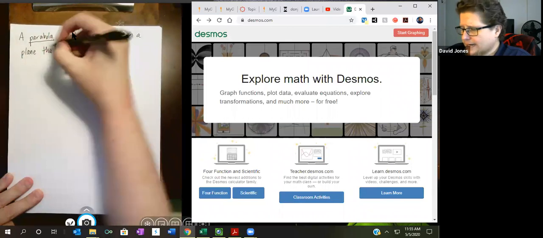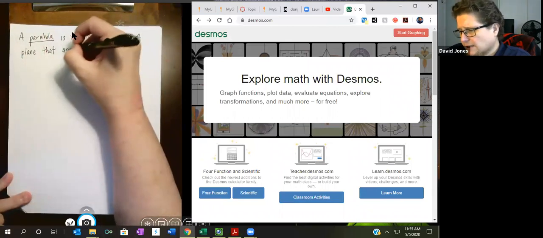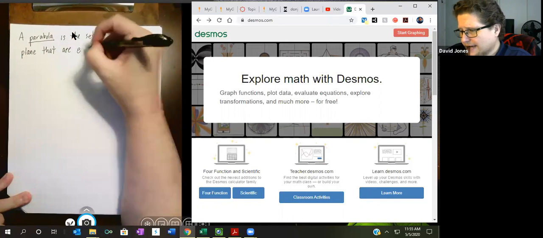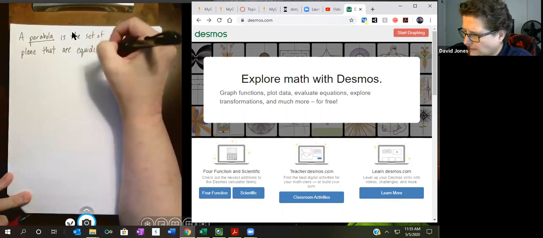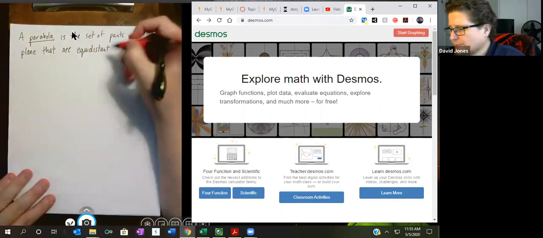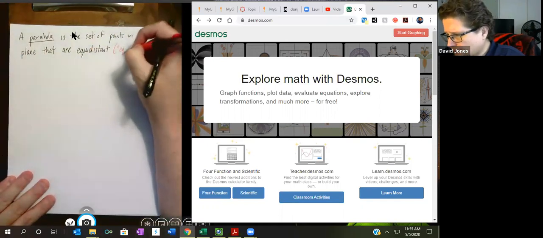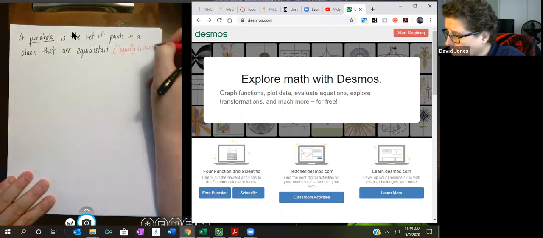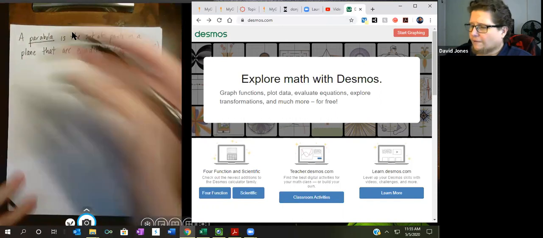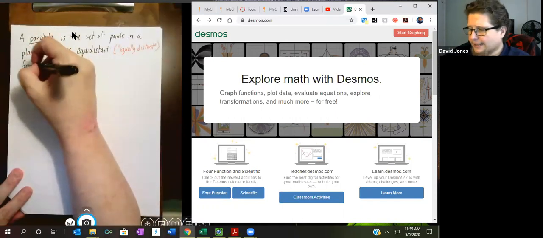that are equidistant, which is a short way of saying equally distant. I'll write that because it might be a new word for you. Equally distant from a fixed point and a fixed line.